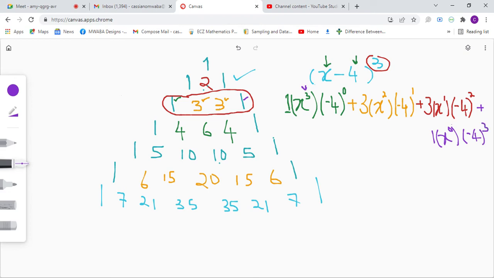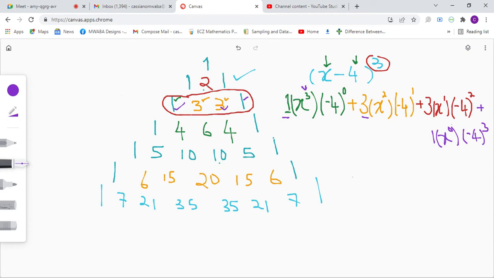Always remember these coefficients in the row always come in handy. This one here is this one here. This 3 here is this 3. This other 3 here is this other 3. And this final one is this one here.